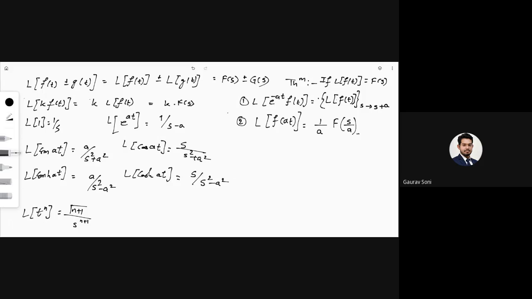If I want to take the Laplace of the function f of at, you take the Laplace transform of the original function f of t, and in that you replace s by s by a. Written explicitly, 1 upon a F of s, in which you replace s by s by a.